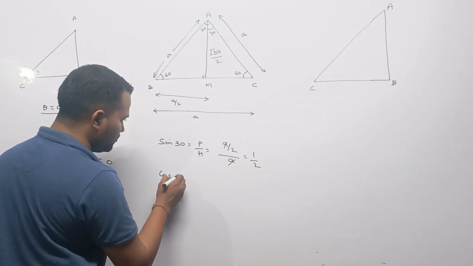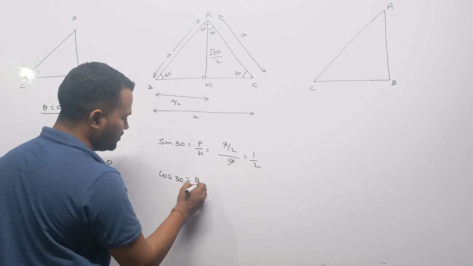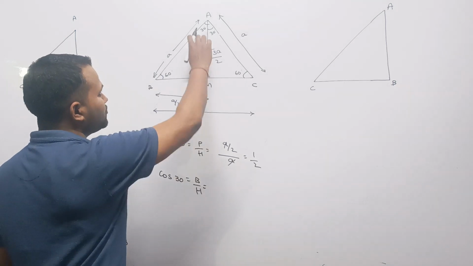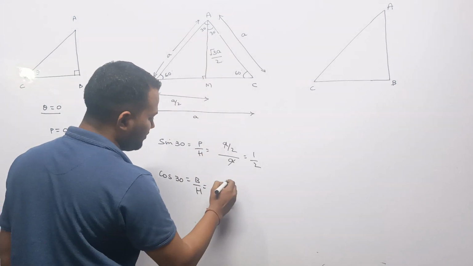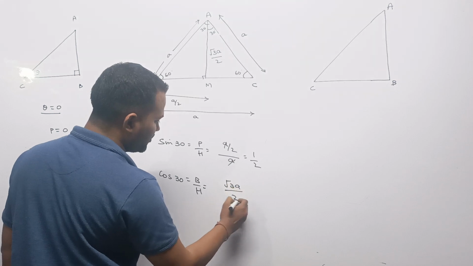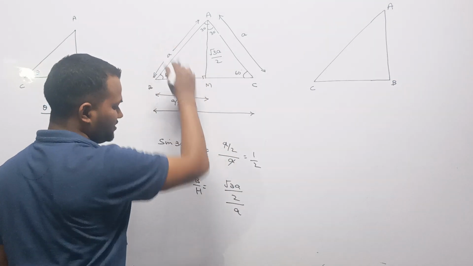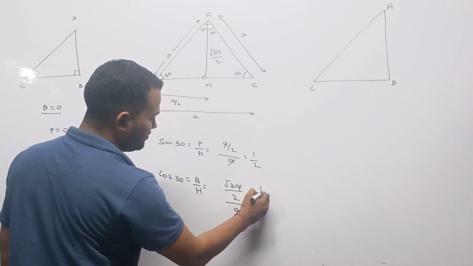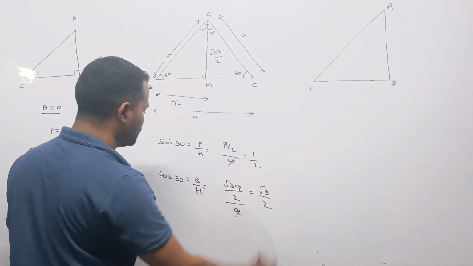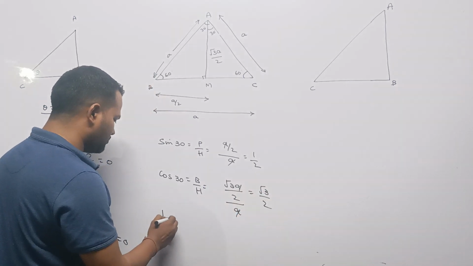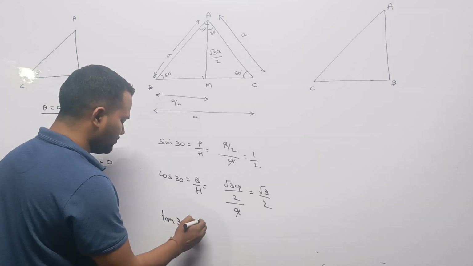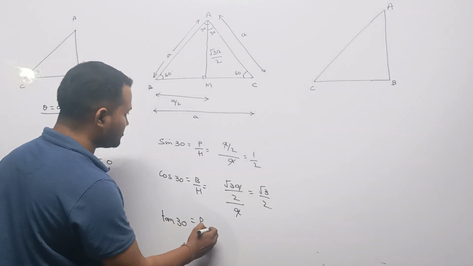If we find the value of cos 30, it will be equal to B by H. The base for this 30 degrees will be root 3A by 2 and the hypotenuse will be A, so it will be equal to root 3 by 2. Similarly, the value of tan 30 degrees will be equal to perpendicular by base.